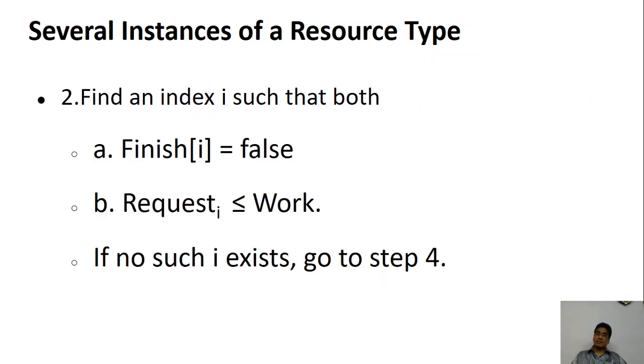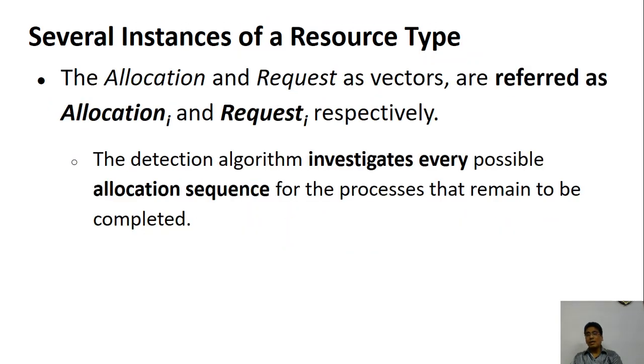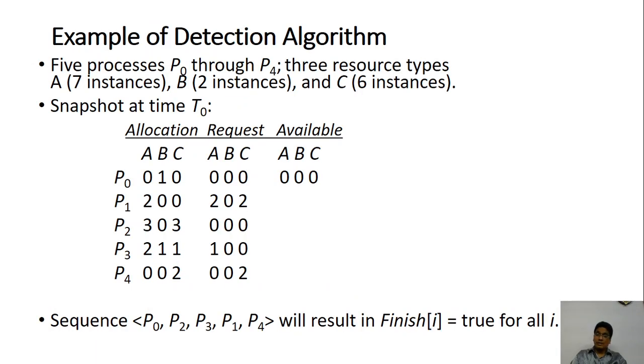Let's go to the second step. Now find one of the processes which has not yet finished and whose request is less than work. I have already done that. So find somebody whose request can be satisfied. Remember initially what did I do? P1 completes, you get one instance. P2 didn't make any request, so that is it.